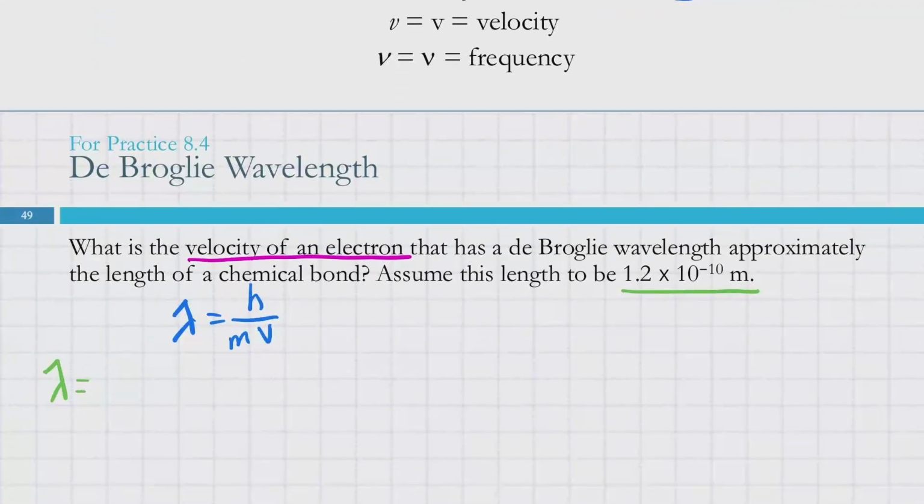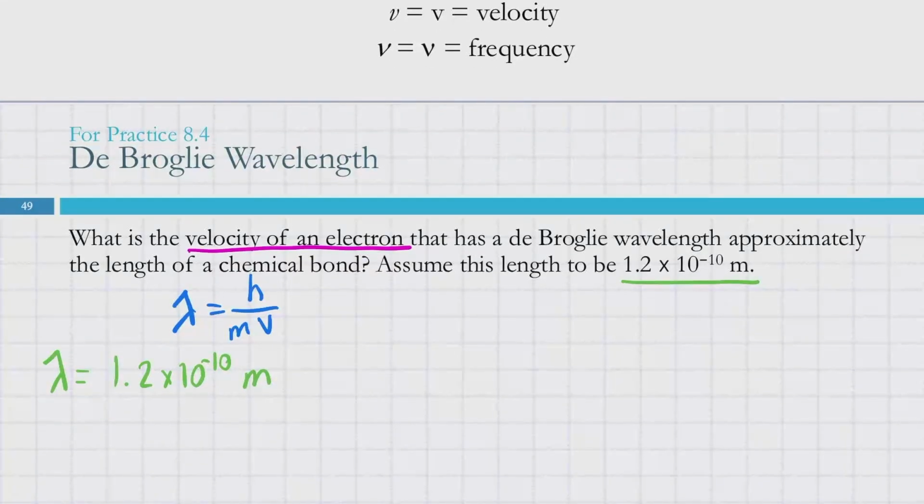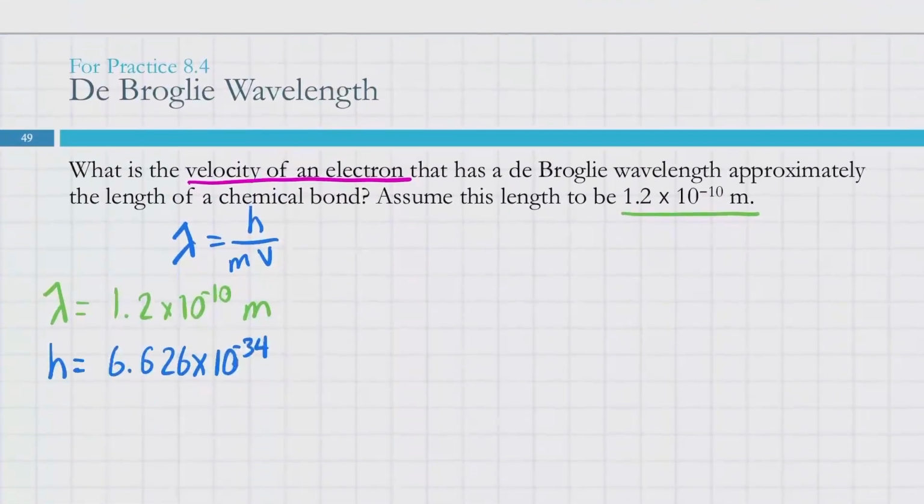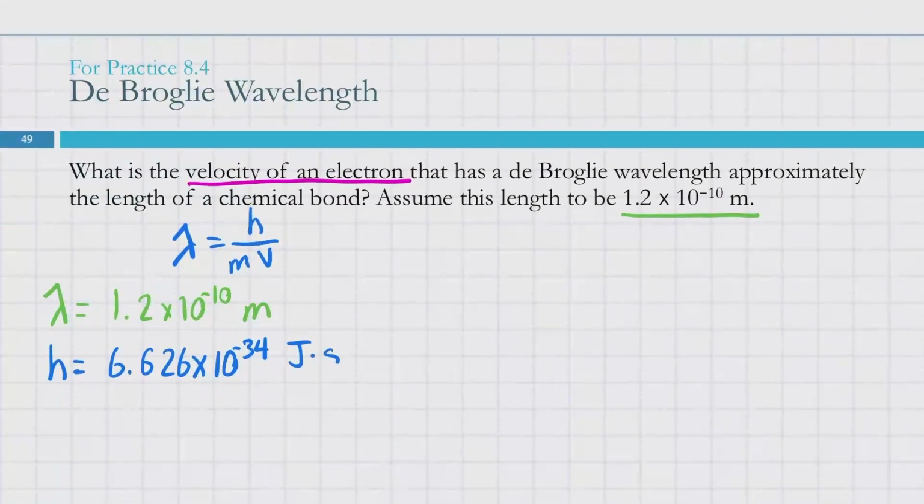We've got our wavelength, 1.2 times 10 to the minus 10 meters. h is a constant, 6.626 times 10 to the minus 34 joule seconds. Mass, I looked up, you would be given it if you needed it, 9.109, we'll stop there, times 10 to the minus 31 kilograms. Is there anything else that we need?